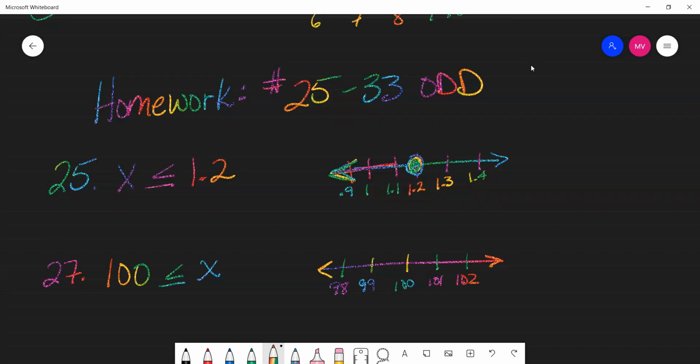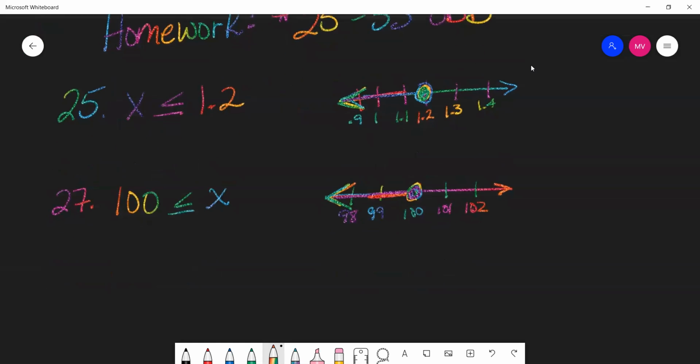Now in this case, 100 is less than or equal to, so it's included in our true solutions. And then we also continue the graph to the right to include every number greater than 100. Hopefully this is super easy. I think this is why we breezed through it so quick in class.